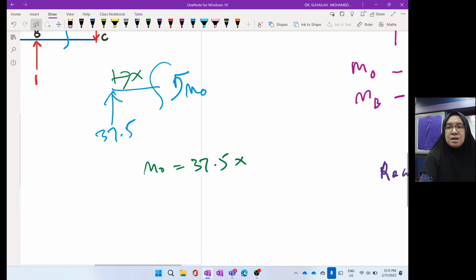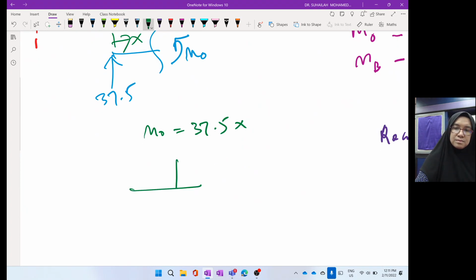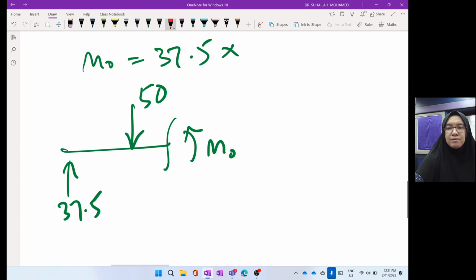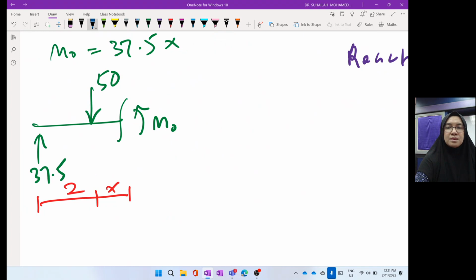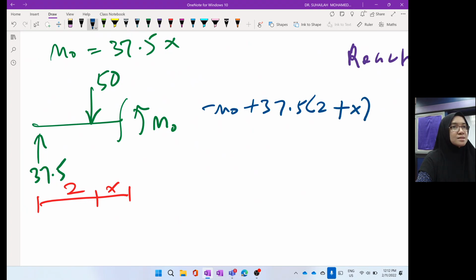For DB, we have 50 and 37.5, M naught. The distance here is X and here is 2, because the origin is D. So the equation is negative M naught plus 37.5 times (2 plus X) minus 50 X equals 0.